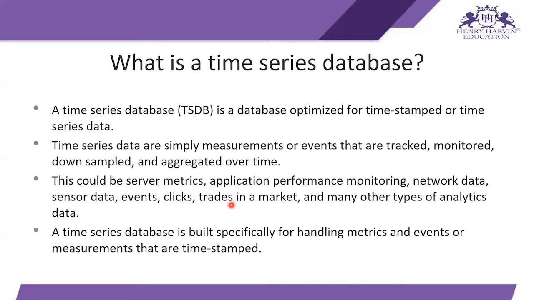So timestamps can come under anything: when there is application performance monitoring or network data, there you also need the time. When there are events or trades in a market, you need the timestamp.